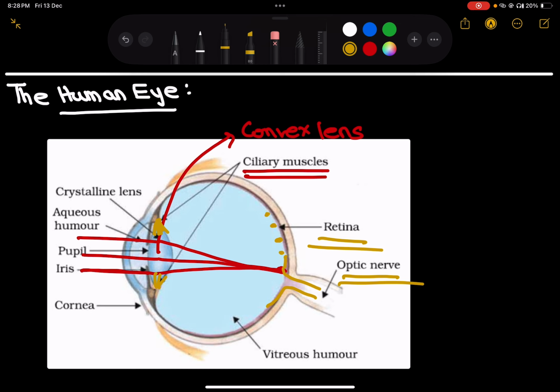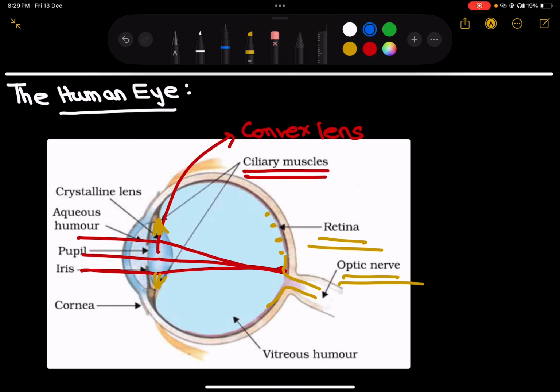Now there is one more important thing that you have to understand. The eye lens forms an inverted image on the retina. Whatever we are seeing right now, the actual image forming on our retina is inverted, exact ulta. But our brain flips it again, because we cannot understand anything ulta.